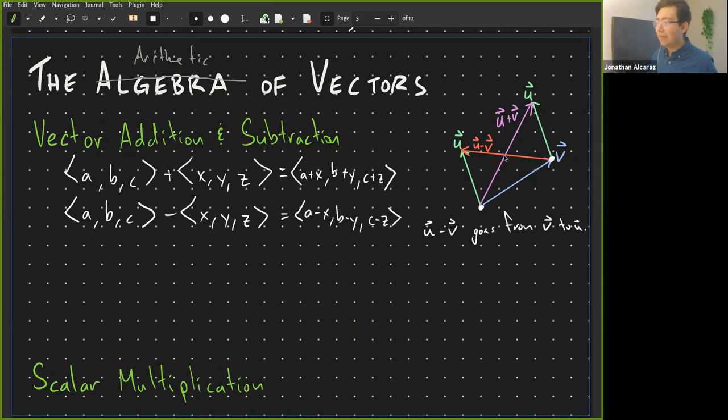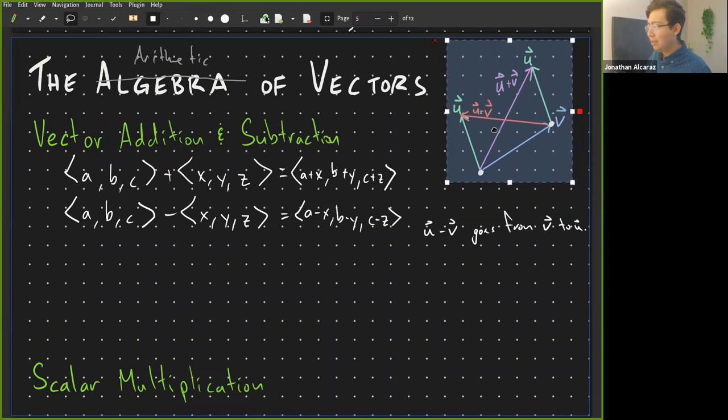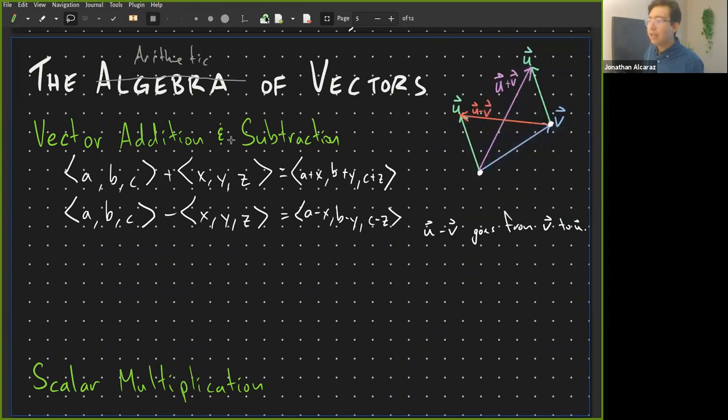If you're the memorizing type of person, you can try to memorize this. But I like to have a picture of why this happens. What I like to think, instead of thinking of u minus v as a subtraction, just like in single variable stuff, you can turn any subtraction problem into an addition by the negative, right?